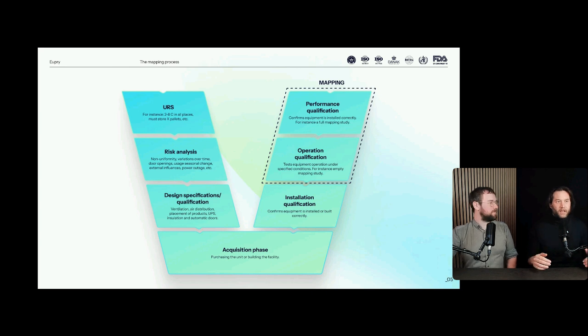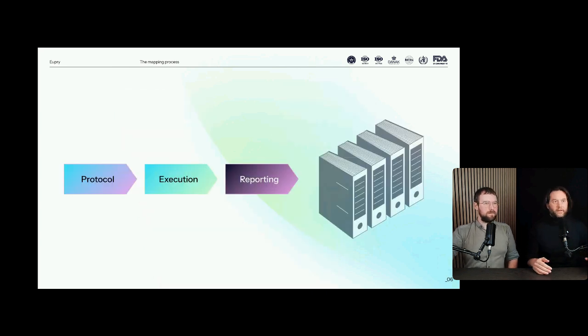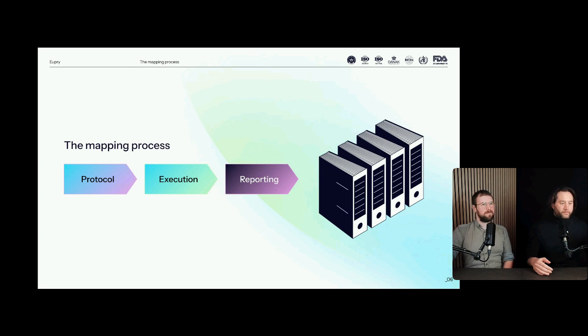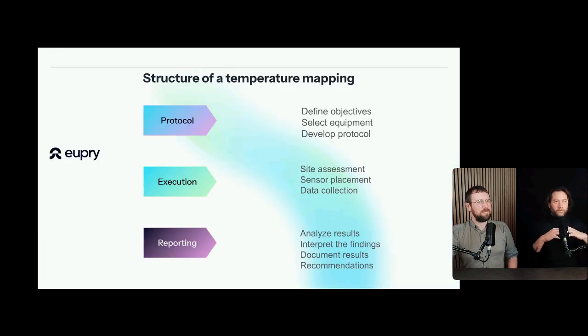And let's now go briefly into how mapping is structured. We have three main mapping processes, which are the protocol, the execution, and the reporting. So the first part, when we talk about the protocols: while we're writing protocols, we need to define the objectives, right?